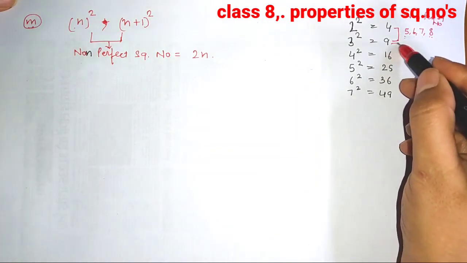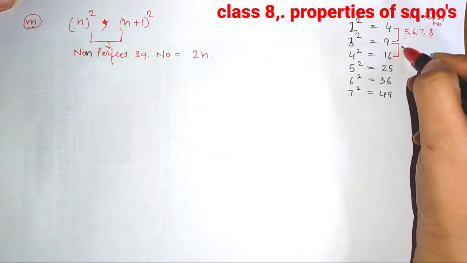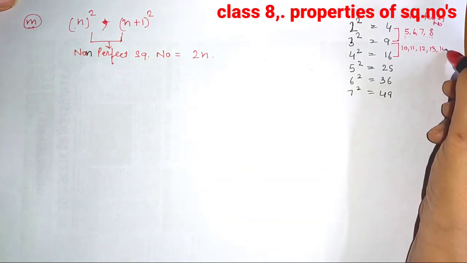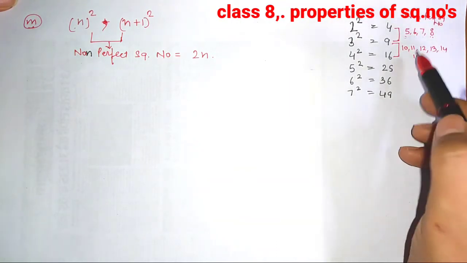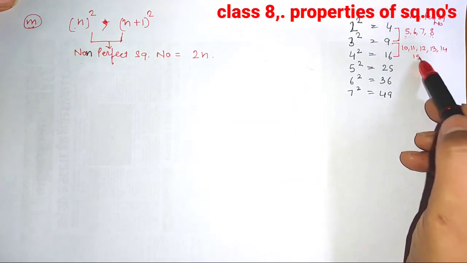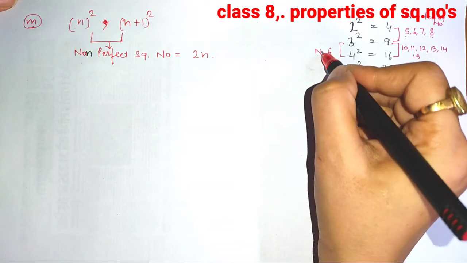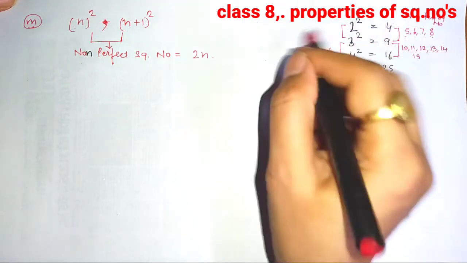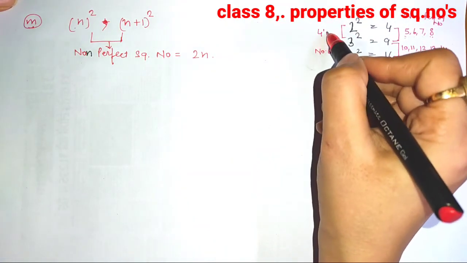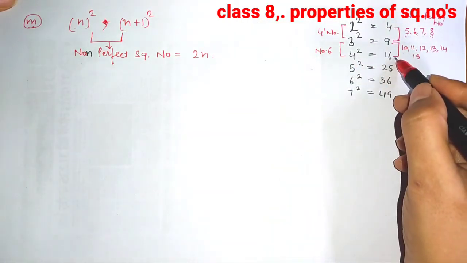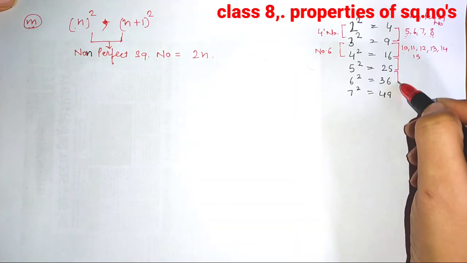In between 9 and 16, there are 10, 11, 12, 13, 14 and 15: 1, 2, 3, 4, 5, 6. So in between these two, 6 numbers. In between the other two, 4 numbers lie. In the same way you can count.